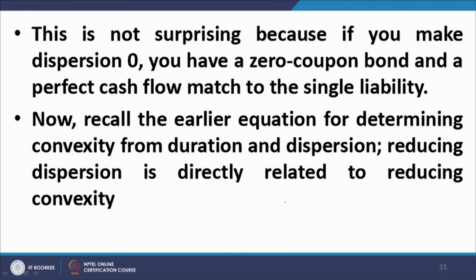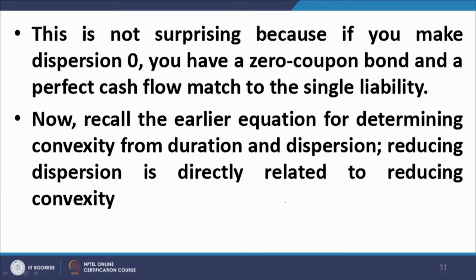This is not surprising, because if you make dispersion 0, you have a zero coupon bond and a perfect cash flow match to the single liability. So, if you have a strategy with a dispersion of 0, that can only be when you match the single liability, the zero coupon liability, with a zero coupon bond of the same maturity and par value.